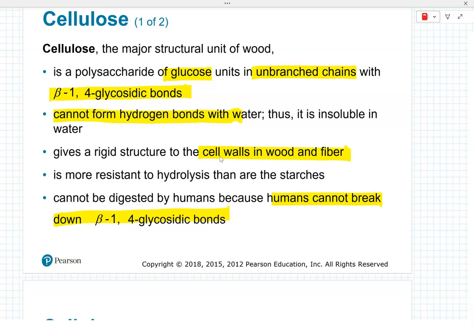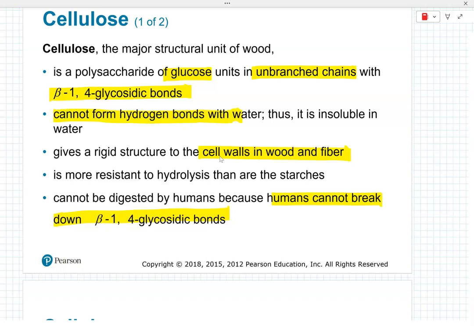Ruminant animals, on the other hand, such as cows or horses, can digest cellulose. Couple of tricks. One, it's not them, it's bacteria and archaea inside of their stomachs. Two, their stomachs are ridiculously complicated. The food goes from one stomach chamber to another, back and forth, and it takes hours to break down cellulose.